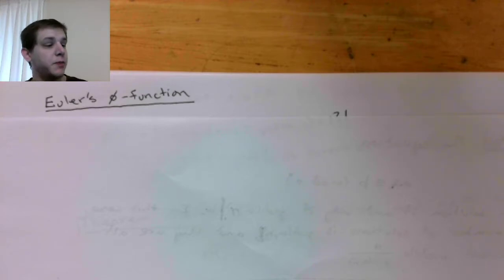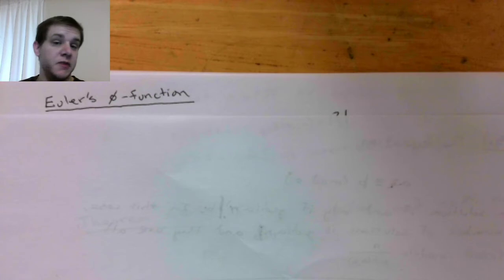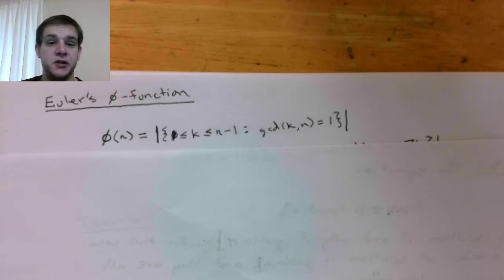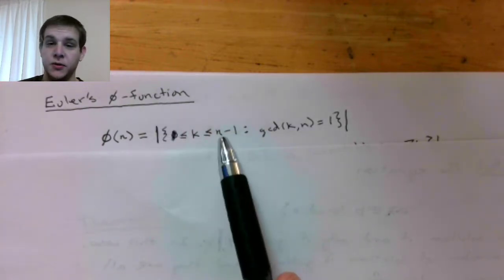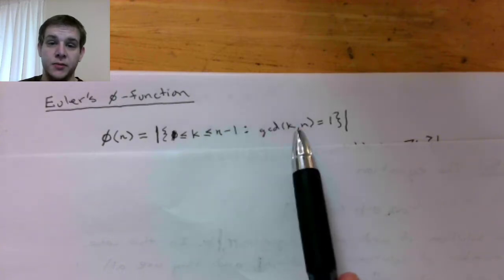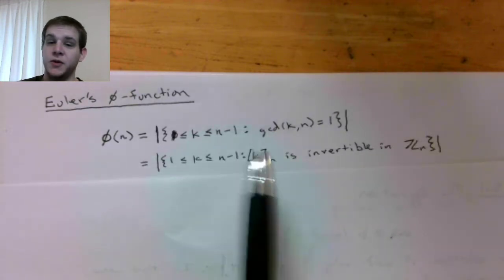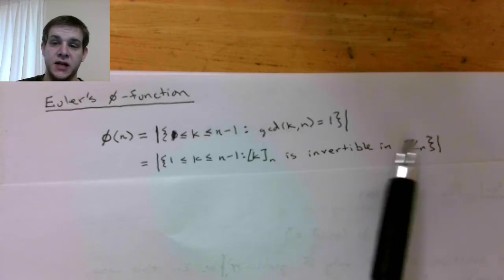And the answer will depend on this new function we're going to introduce right now, which is Euler's phi function. So what does it do? Well, Euler's phi function just counts the number of things smaller than n, so at most n minus 1 and at least 1, that are coprime with n, which is exactly the number of things that are invertible in this set Zn, right?